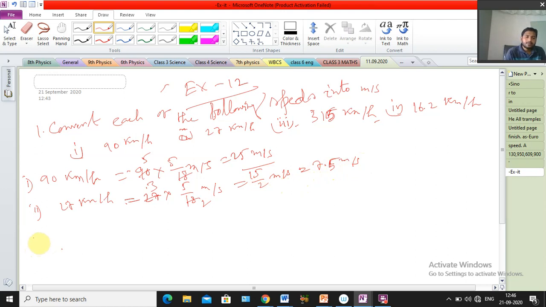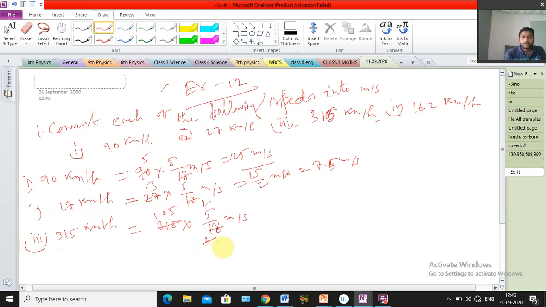Okay. Next, point number 3, 315 kilometer per hour. So 315 into 5 by 18 meter per second. Cancel it here. This is divisible by 3: 3 sixes are 18, and here we are getting 3 times 105 is 315.